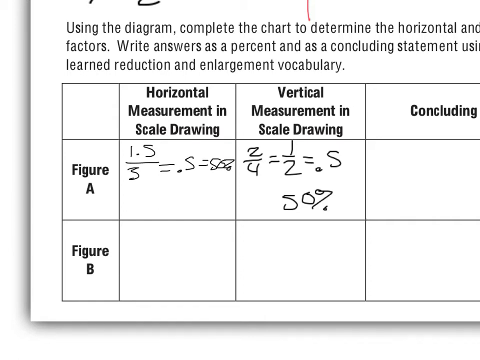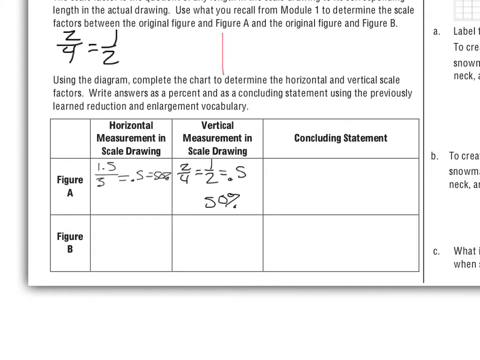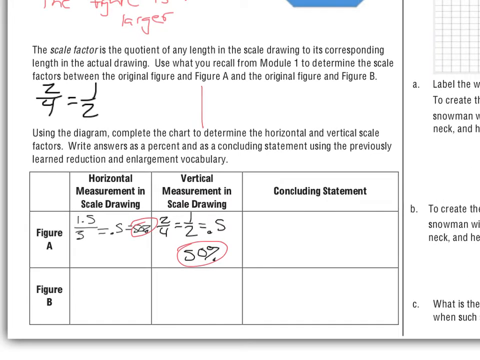So we can see that we've scaled this one the same way. Now we look at our percentages here, 50% and 50%, which means it's 50% of the original. And write this as a concluding statement.